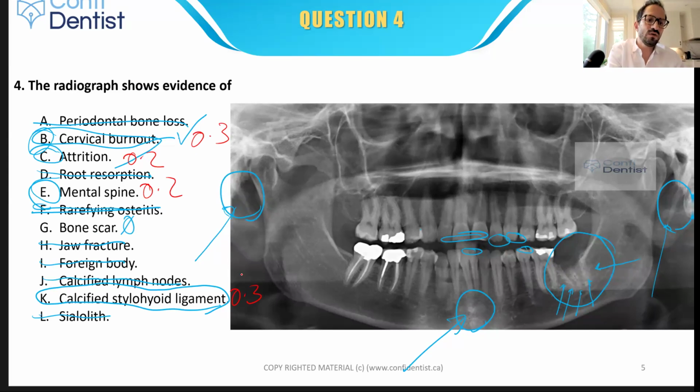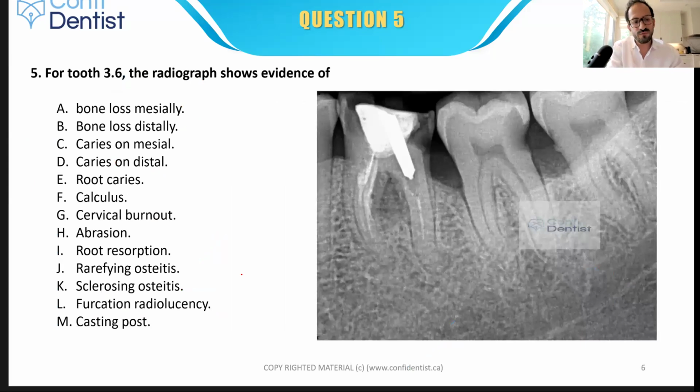So let's go to the next question, question number 5. So is it genial tubercle? It's mental spine, the one that you saw in the previous X-ray. The mental spine is exactly where you see on the X-ray in the midline. It's toward the lingual aspect of the mandible. So we usually have 4 mental spines, but it appears as that characteristic radiopacity that you see on the X-ray.